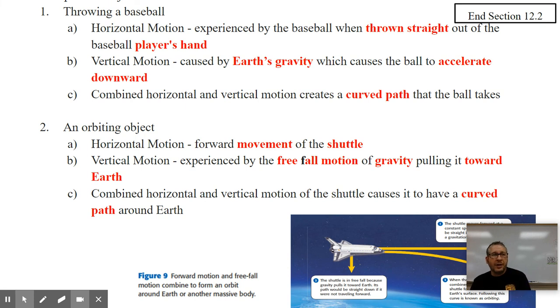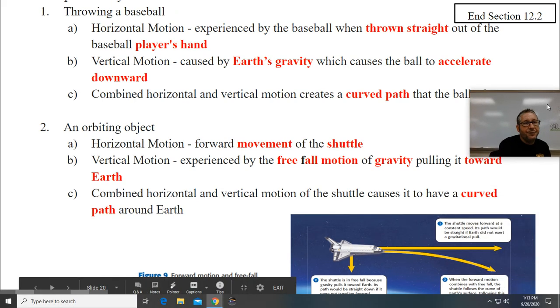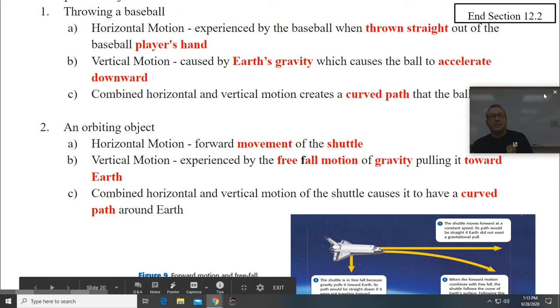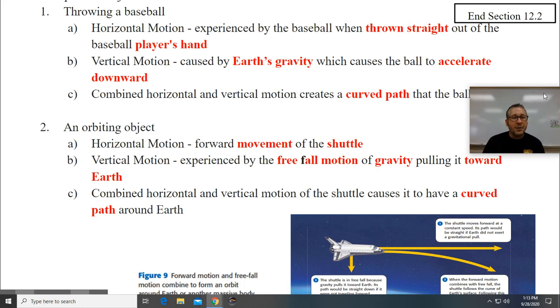Going back to the orbiting object, the forward movement of the shuttle is going to allow a constant speed, so it's going to continue wanting to go forward. The vertical motion is going to be experienced by free fall motion, gravity pulling the orbiting object downwards.